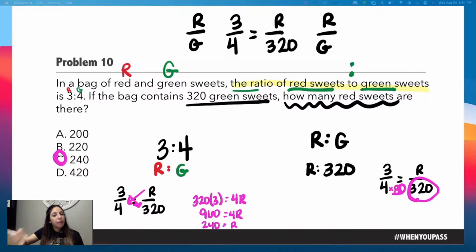Well, if I multiply the bottom times 80, I have to multiply the top times 80 as well to give me an equal ratio. And that's really what we're looking for, is equal ratios. 3 times 8 is 24. So 3 times 80 is 240. Both of these methods will work. You just have to choose the one that works best for you.